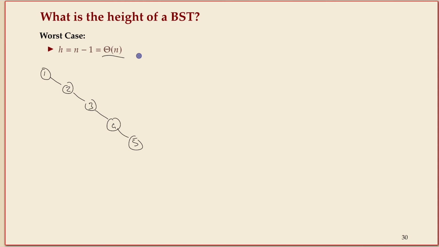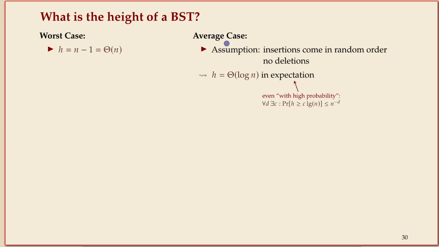So why all the fuss? Why do people still like binary search trees? There's 2 answers, but the first answer is, if you look at the average case, then this doesn't happen. If the insertions come in random order, then you can show that the height is logarithmic. And you can even make a stronger statement.